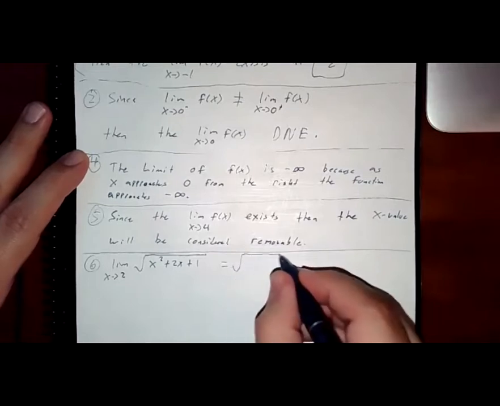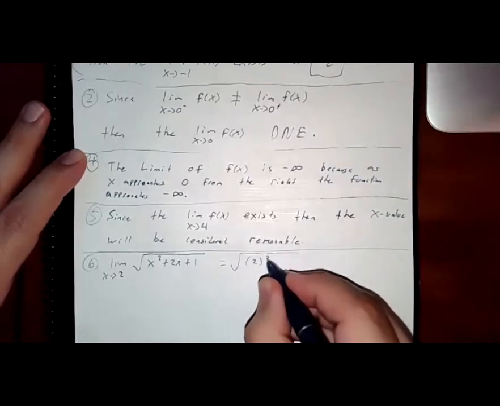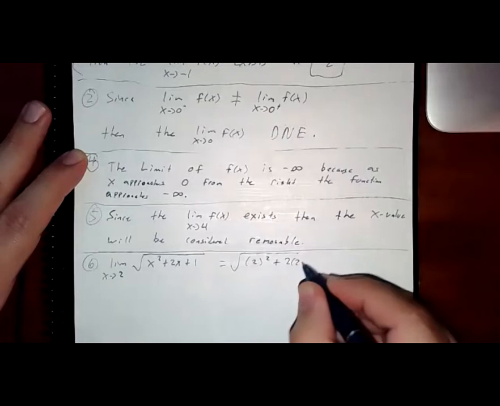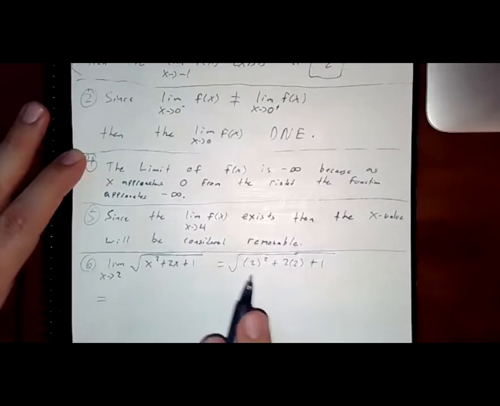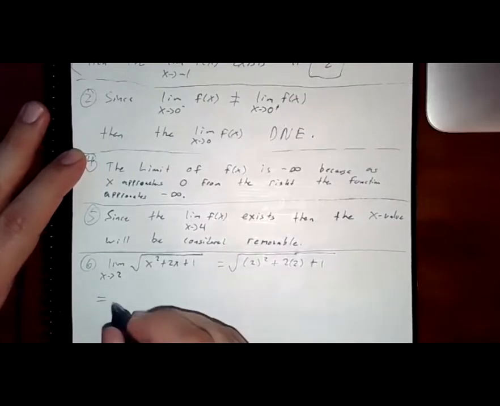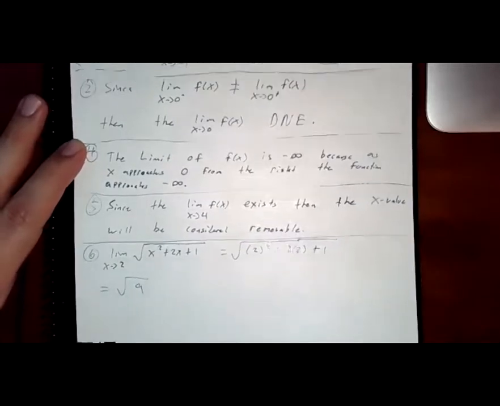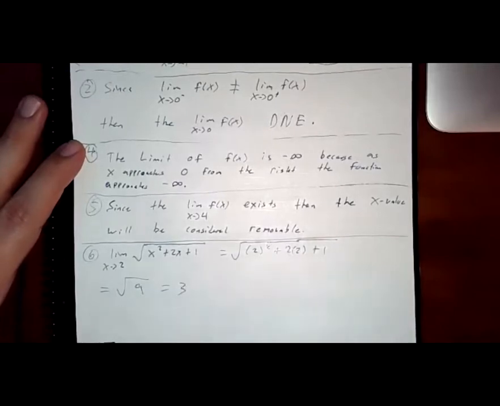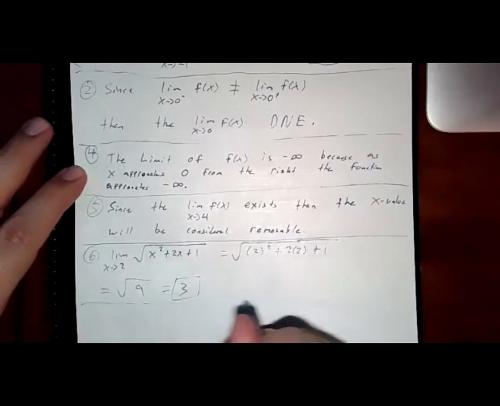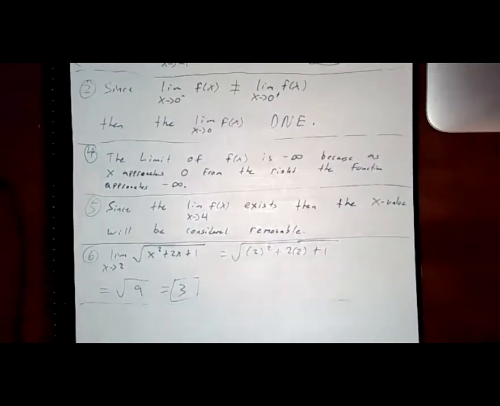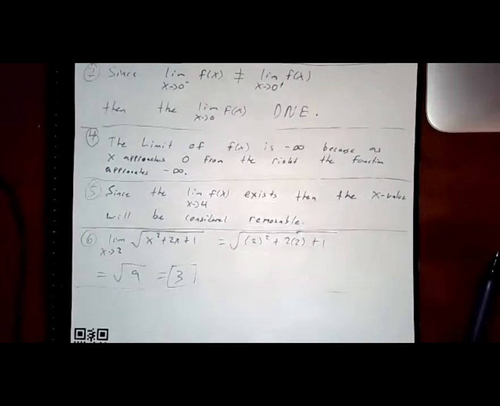So the square root of 2 squared plus 2 times 2 plus 1, which would be 4 plus 4 plus 1. So this is the limit, and I showed how I got it. There's nothing else to do or to say here. It's 3. Yeah, the limit is 3.